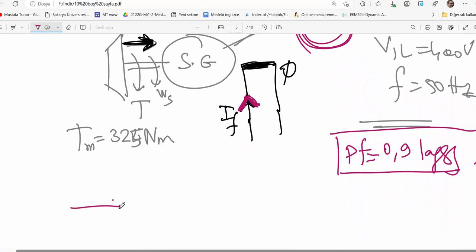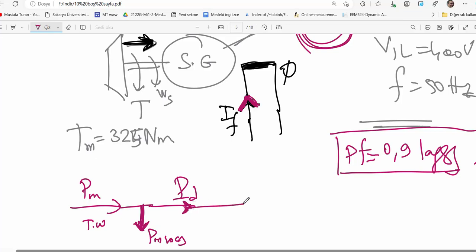You apply some mechanical input power in terms of torque and angular speed, and then here are some mechanical losses. After them, here's the converted power or induced power, which is converted into electric power.